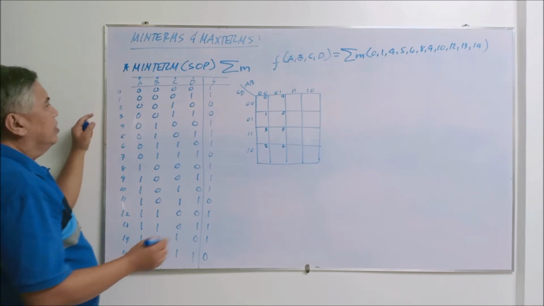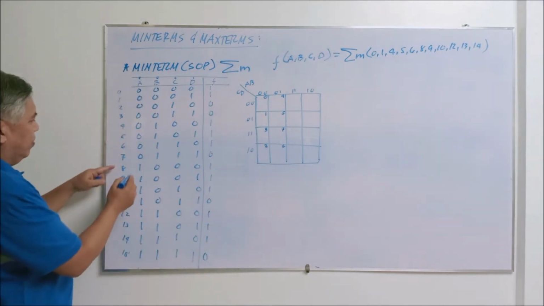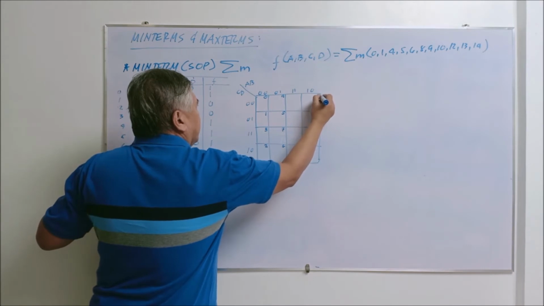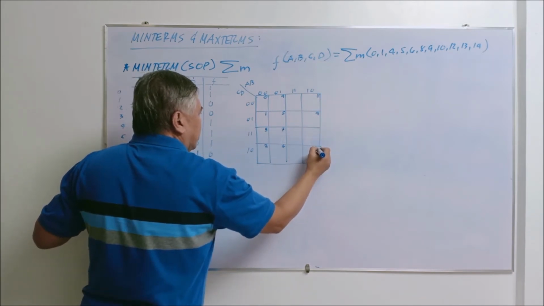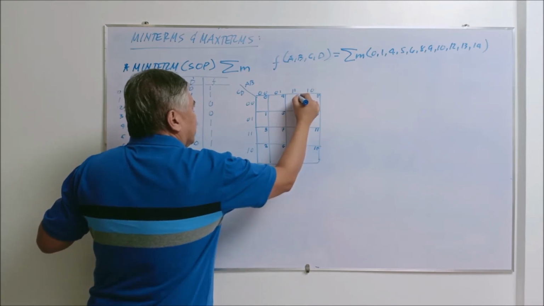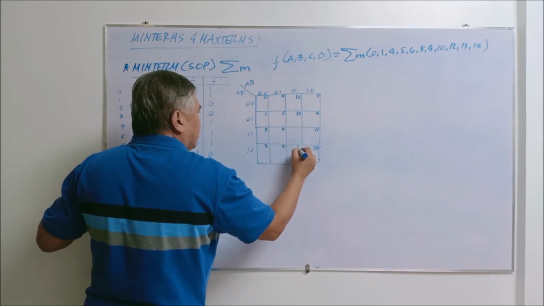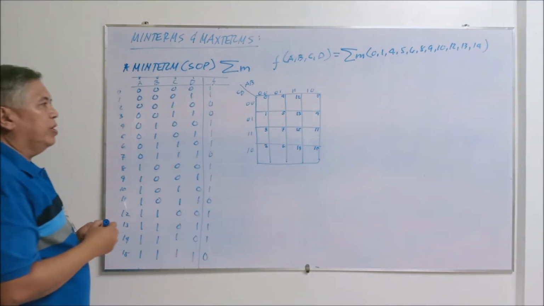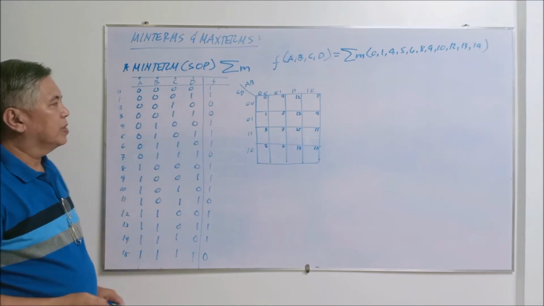And then here, you have 1, 0, 0, 0, which is 8, so you place 8 here. Then this one here is 9. Then down, 10, 11. Then go back to the center, 12, 13. Then go down, 14, and then 15. That will be the location of your cells.